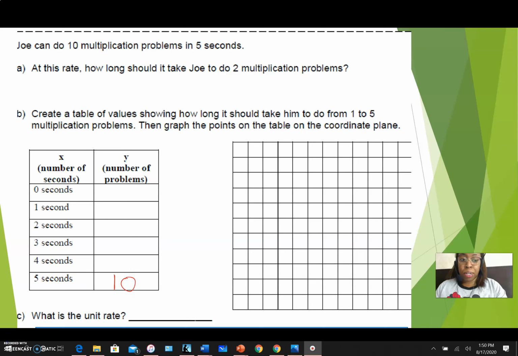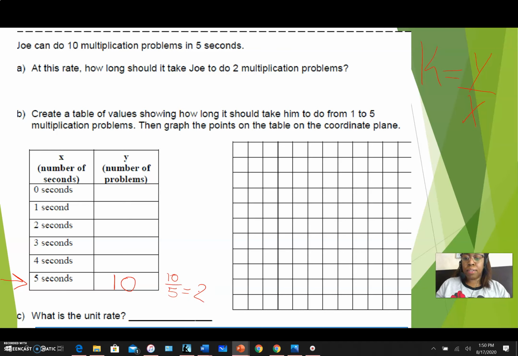Now we have a row in our table that we can use to work with to determine our constant of proportionality. So remember that the constant of proportionality is K equals Y over X. So in this, if we divide Y over X, that's going to give us 2.